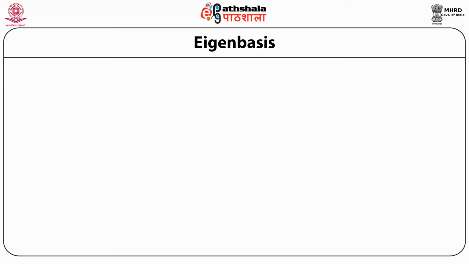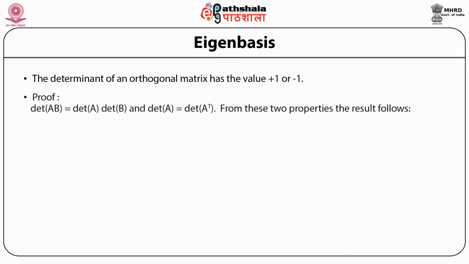The third property of the orthogonal matrix states that the determinant of an orthogonal matrix has the value +1 or -1. Let us prove it.